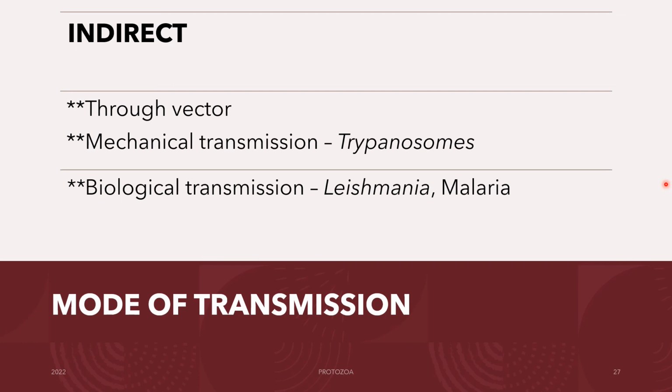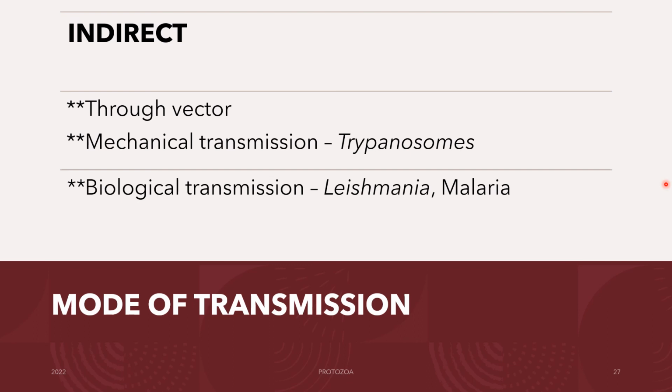Examples of human diseases that can be caused by protozoa transmitted by a variety of arthropod vectors include Trypanosoma gambiense and Trypanosoma brucei, which can cause African sleeping sickness, and this is transmitted by the arthropods, tsetse flies, the Glossina.